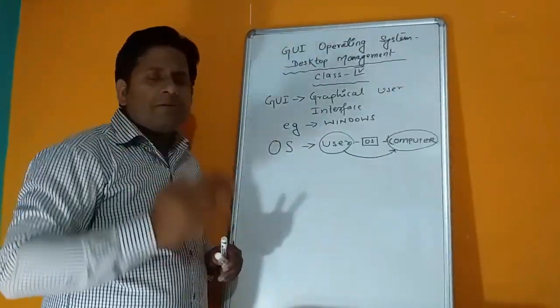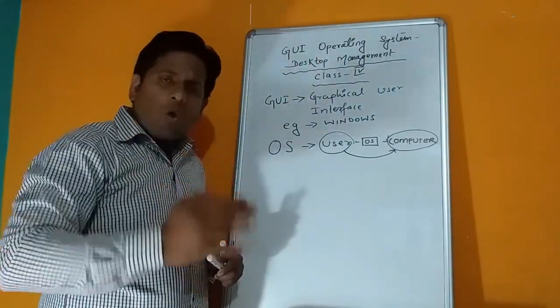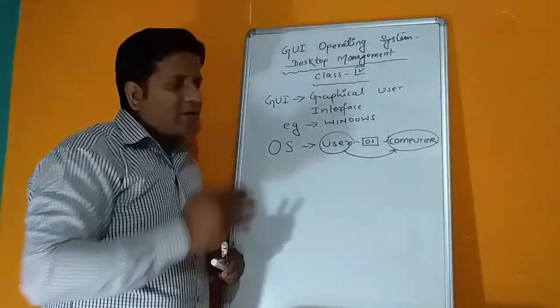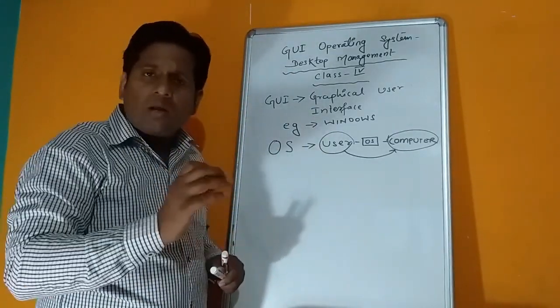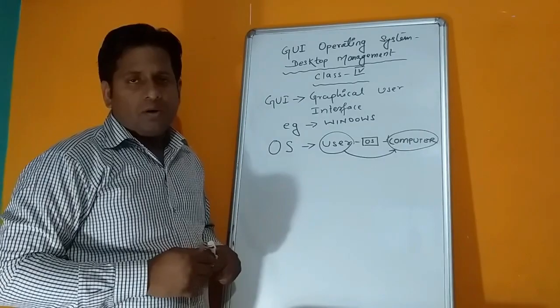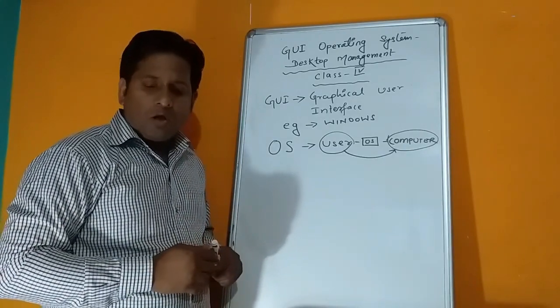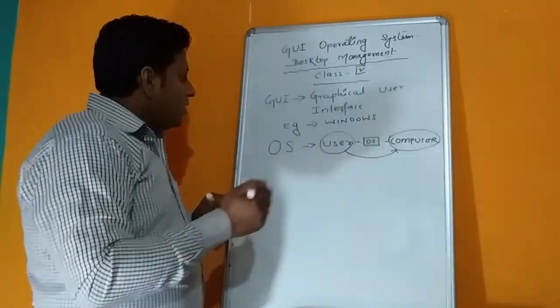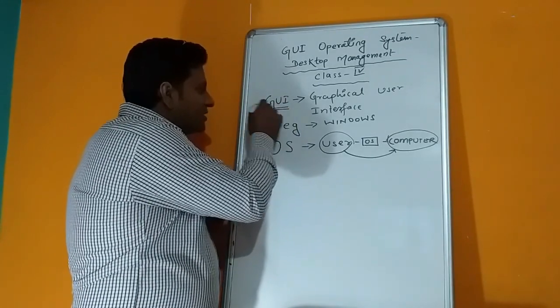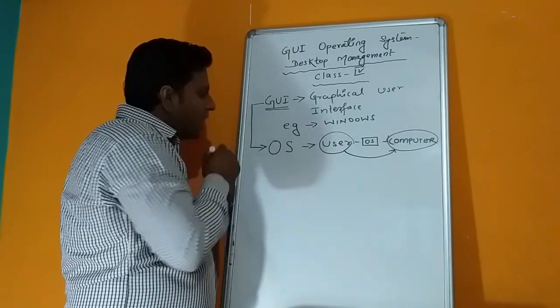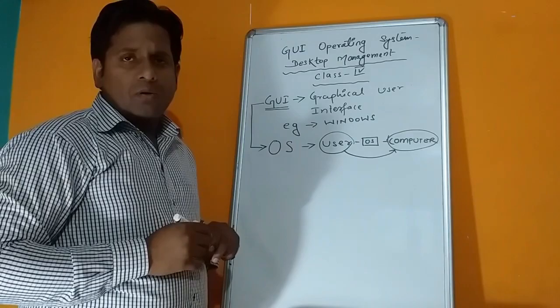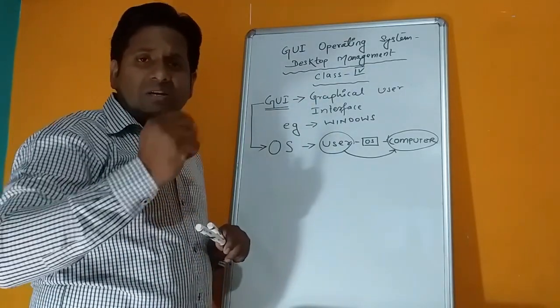If the operating system is not there, it is not possible for the user to interact with the computer. We cannot do a single piece of work in the computer. It's very important. So graphical user interface is a type of operating system, the user interaction type.